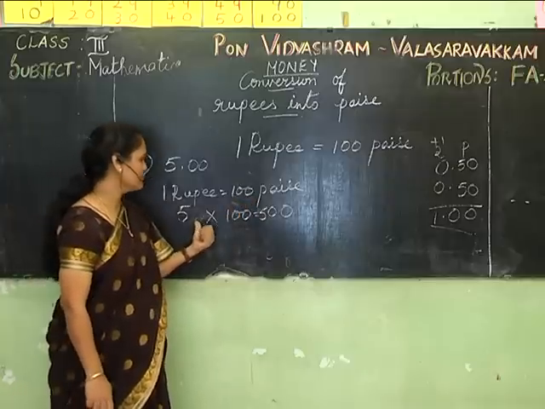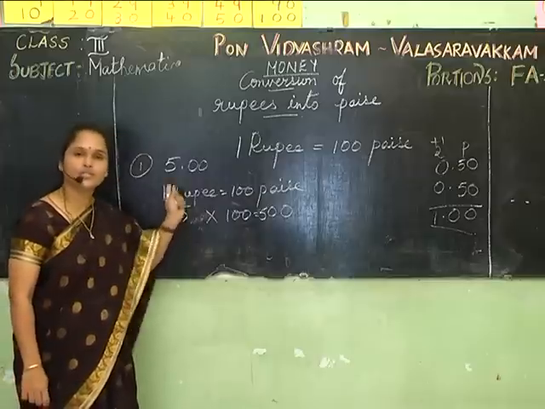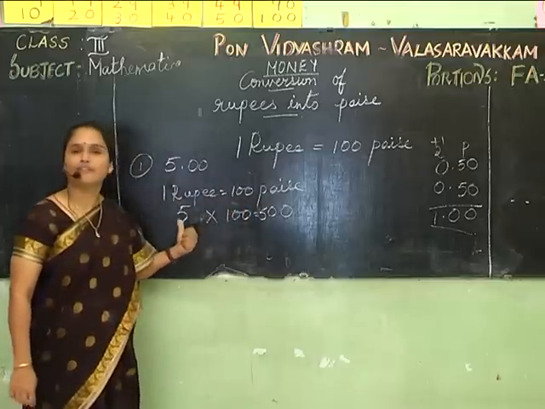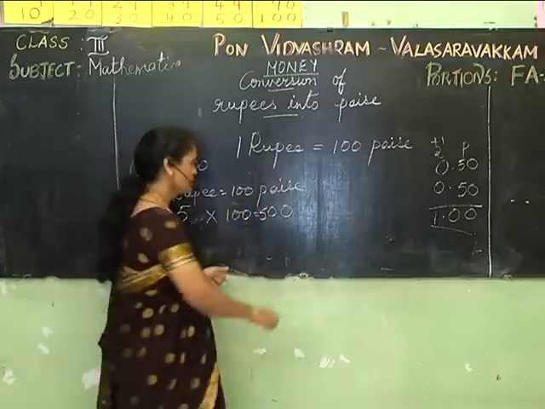If you want to convert 5 rupees into paise, multiply 5 into 100.